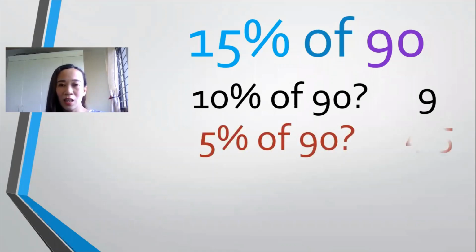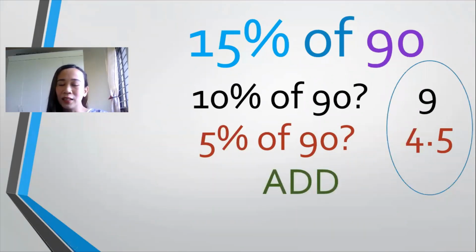That is 4.5. Then we have already 10% and 5%. All we have to do now is to add 9 and 4.5. So our answer is 13.5. So no need for a calculator. All we have to do is to use our mind, and it's easy.